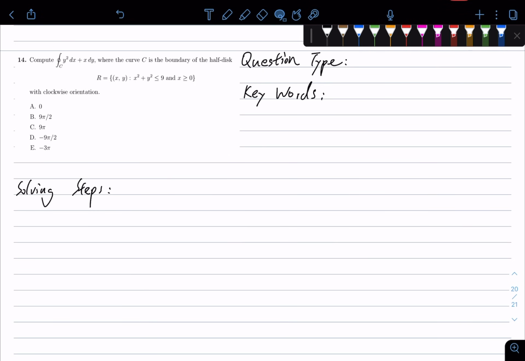Question number 14. Compute the following integral where the curve C is the boundary of a half disk of x squared plus y squared smaller than or equal to 9, and x is greater than or equal to 0. So this is actually again a Green's theorem problem, and it's again a circulational form problem.